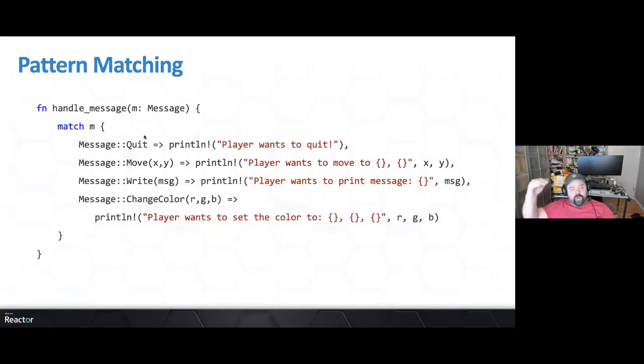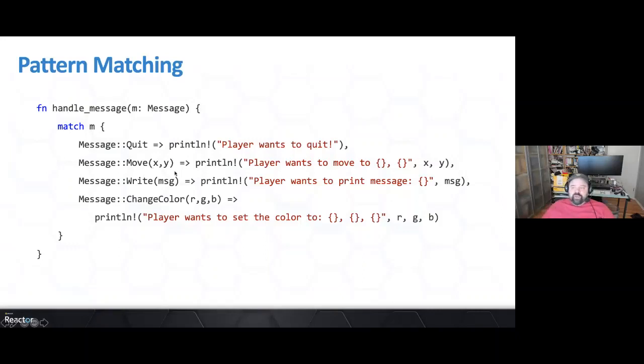And order is important here, but if we get a quit message, then we'll print out that the player wants to quit. If we get a move message, notice in the definition of the pattern that we're matching on, we are in essence destructuring the parameterized values to the message in a way that we can surface them to the code handling on the other side of the arrow.